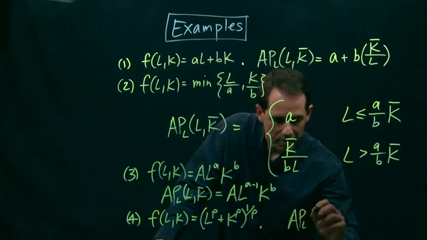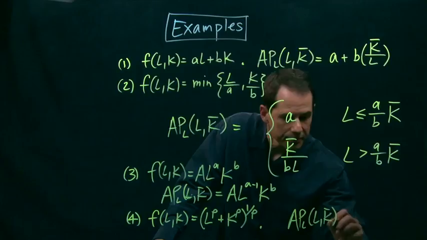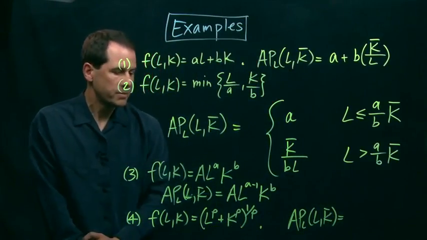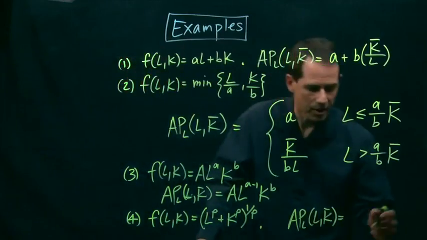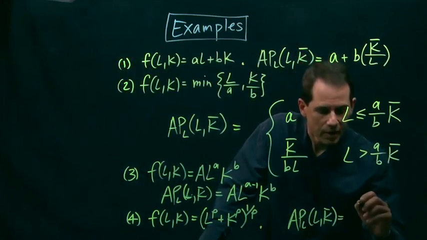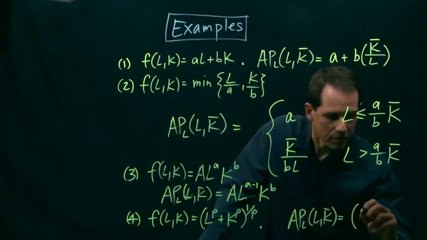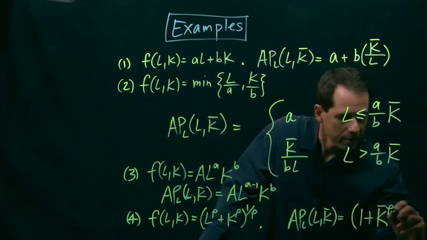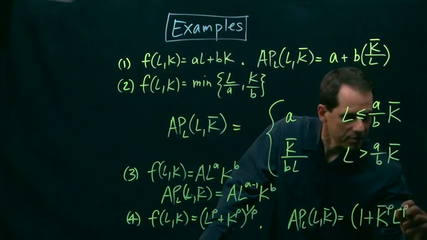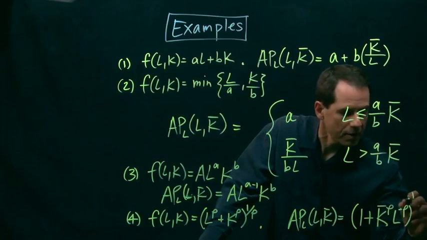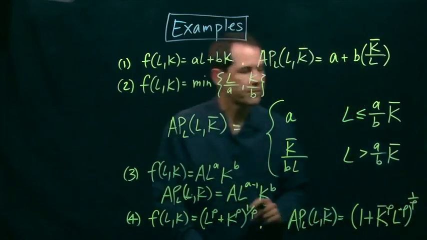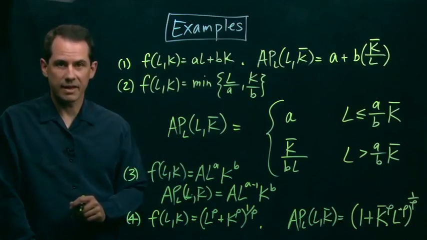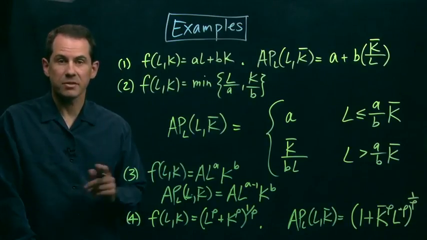So the average product of labor here equals this expression over L. And doing a little bit of algebra, which you should do, you'll find this comes out to be 1 plus K to the rho power, L to the minus rho power, all to the 1 over rho power. So as I said, you should do that calculation and make sure you get that answer. That's all for now. Take care.